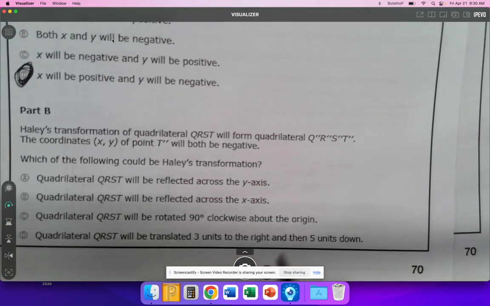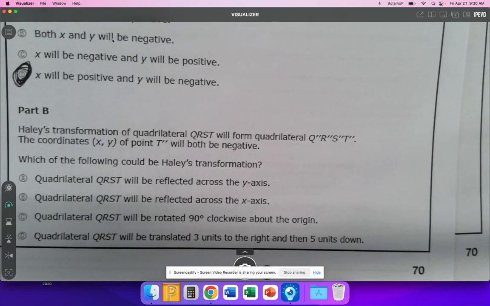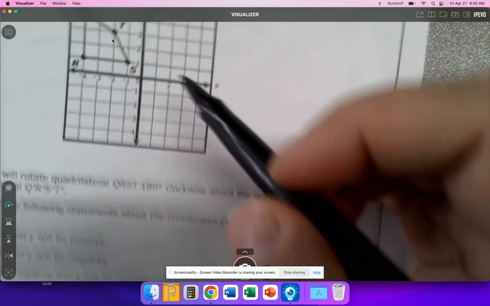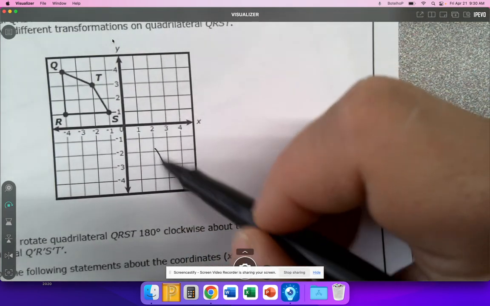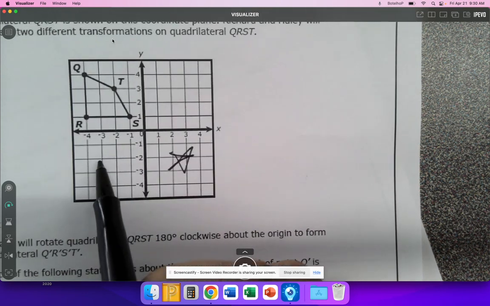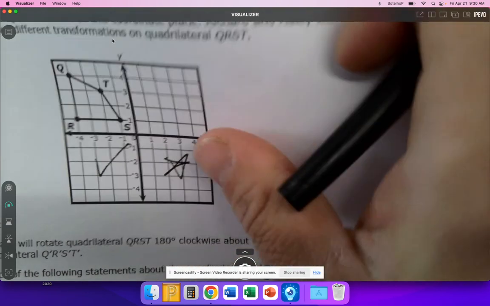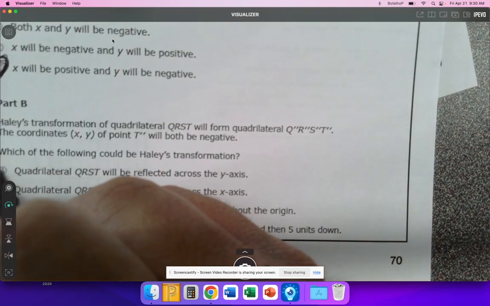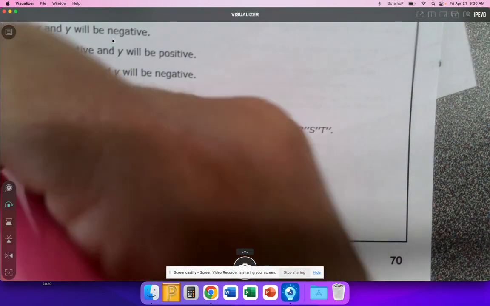All right, next question here. Let's see. Haley's transformation of QRST will form, where they're both negative. Okay, so if they're both negative, we were here, now we're here, and I guess we just have to reflect it over the y-axis, and now we're both negative, right? So I guess the answer has to be A. That's a math by mistake.